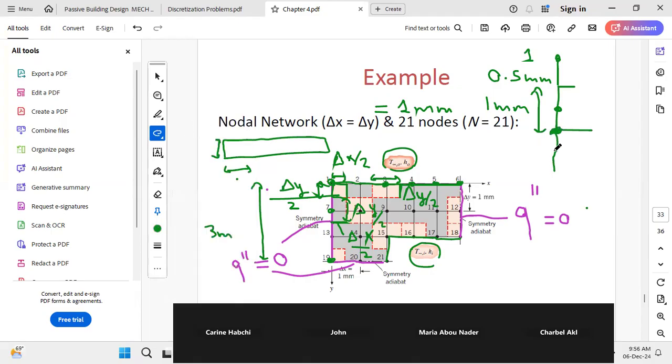You have a second node here, so this is 1 millimeter. And finally, you have the last cell, and until now you have 0.5 plus 2, 2.5. So for the final cell, the node will be at the corner here, and this distance is 0.5 millimeter.